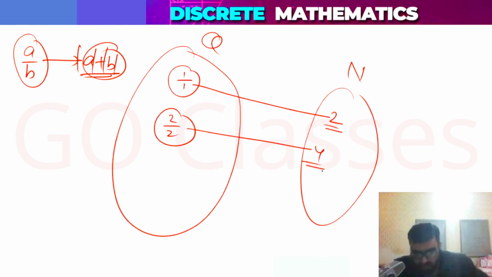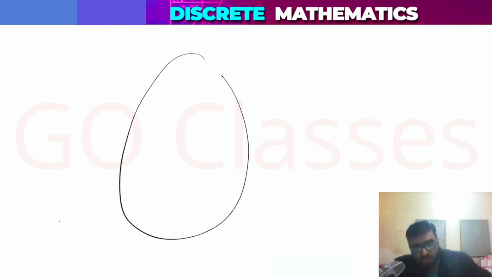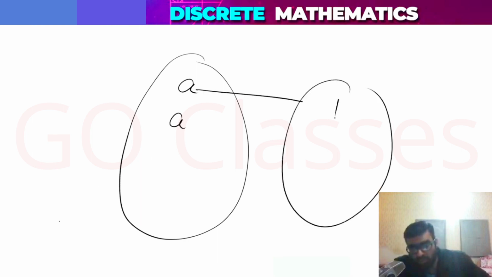But actually that property is satisfied. Let me tell you why. That property is actually not that strict. Assume that you have an element A, and let's assume this element A is going to natural number 1 and also to natural number 2.